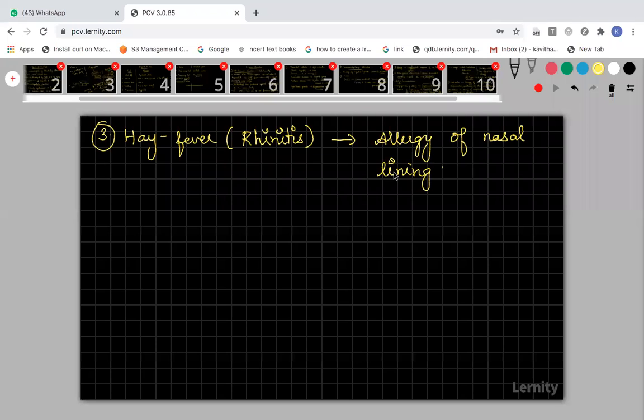Hay fever or rhinitis, there will be allergy of nasal lining, and it is mainly developed due to pollen grains or some volatile chemicals. Sometimes you would have met some persons who are allergic to petrol, diesel and all. If they inhale the smell of petrol or diesel, they will get allergic. Volatile means the one which can easily evaporate.